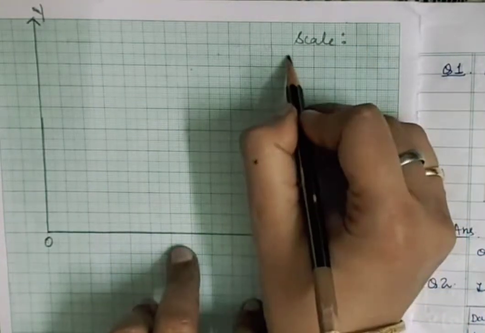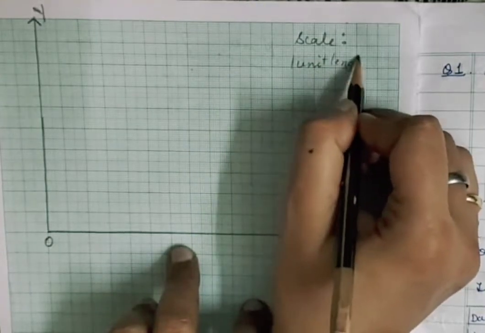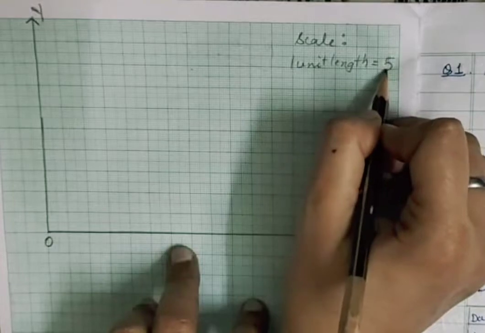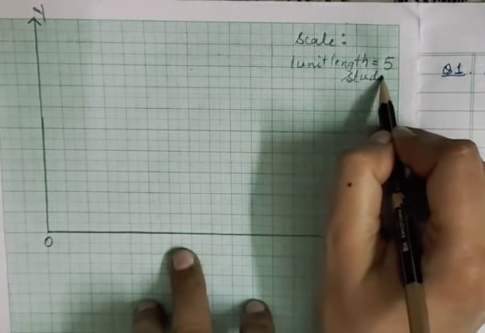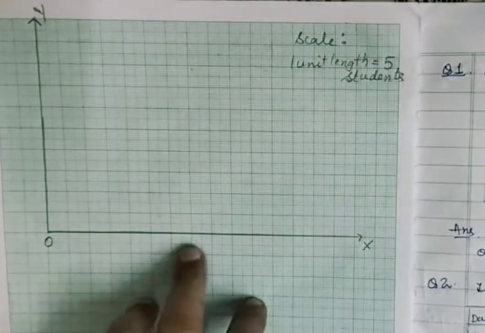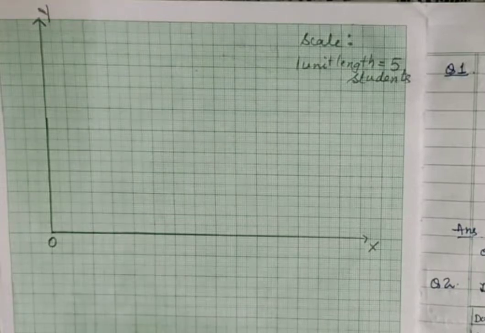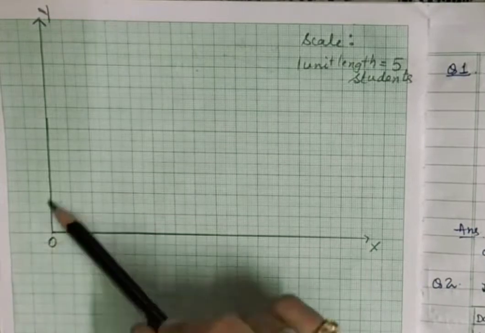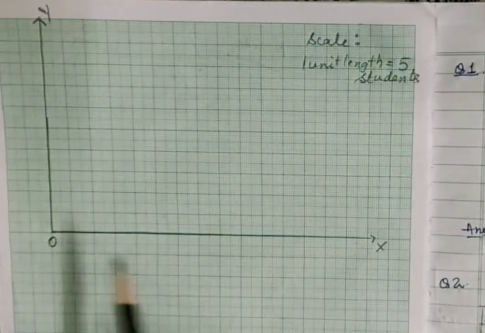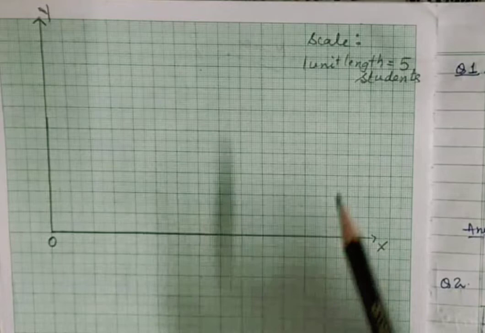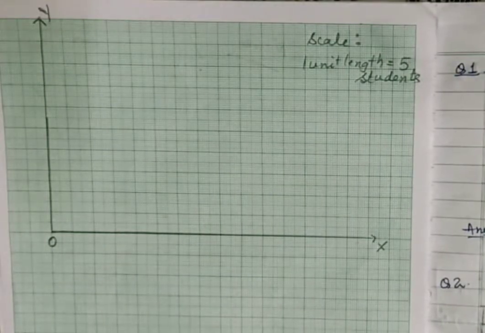What is the scale? 1 unit length equals 5 students. No space is there to write students, so I am writing students here. So this is the scale. First we have drawn the axes, horizontal line and vertical line, x axis and y axis, named them OX and OY, and then the scale. So these are the steps we have done till now.